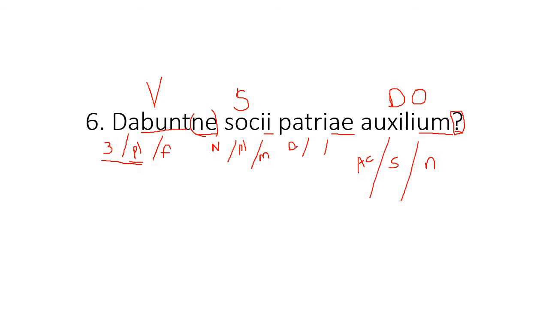So it is dative case, singular. "Patria" is a feminine word. And since we decided it was definitely dative, that means it is our indirect object. So, will the allies give help to the country? And that is your translation.